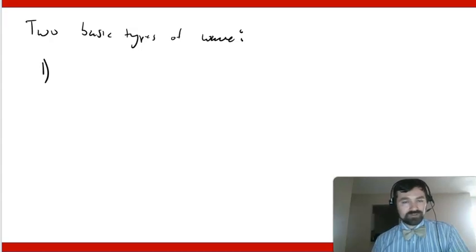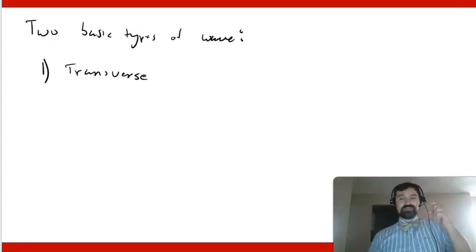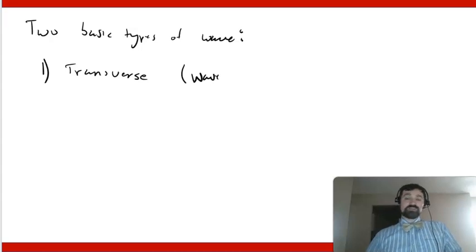The first one is what's called a transverse wave, and that's what I've actually been drawing for you. All the waves that I've drawn so far are transverse. It basically means the wave propagation is perpendicular to the displacement of the individual particles.